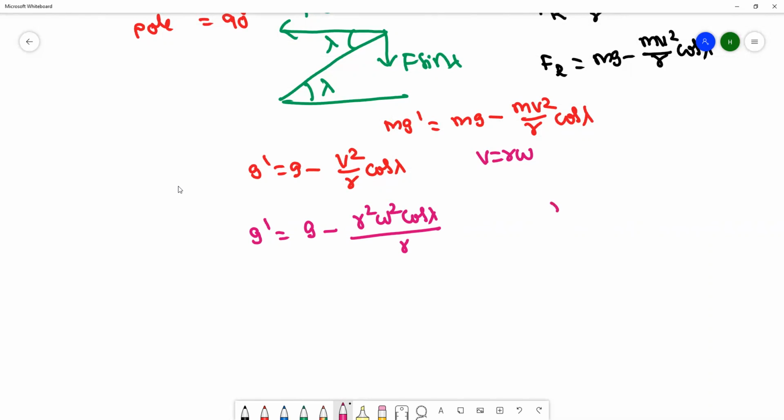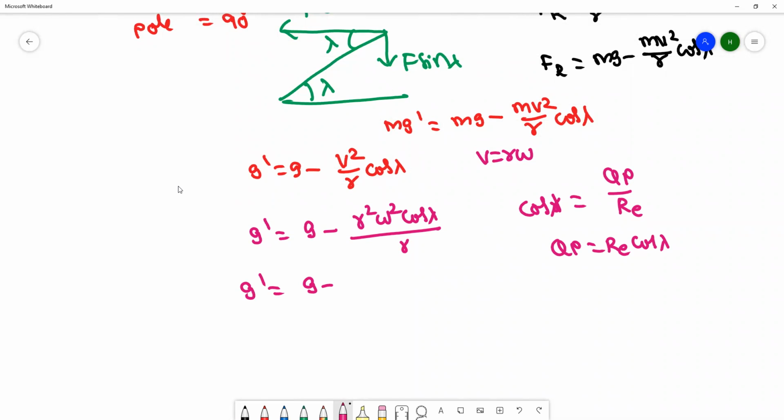Here cos lambda is equal to QP by R_E, so QP is equal to R_E cos lambda, where R_E means capital R only. So g dash is equal to g minus v square by r, with r being R_E cos lambda.